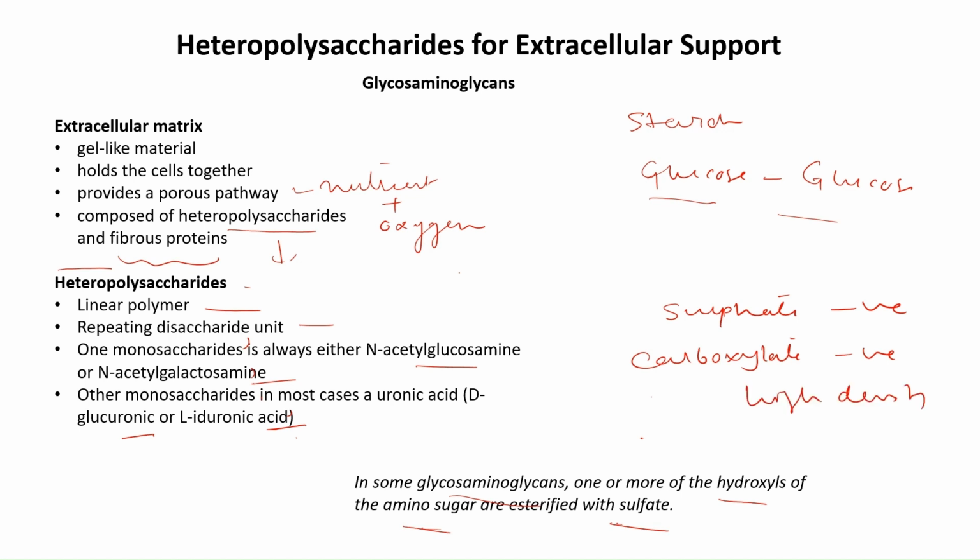Due to which what happens? Negative, negative, they will repel each other. And hence these molecules assume an extended conformation in solution. And these sulfates also act as a marker for the attachment of particular proteins to form proteoglycans.